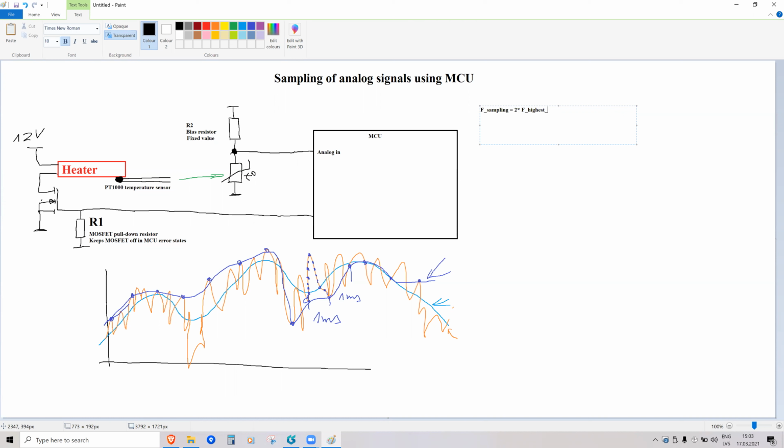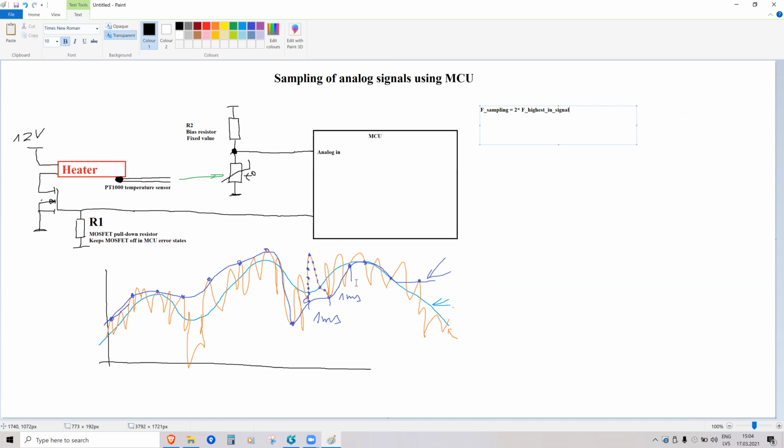One more time, this is the sampling theory, and it's part of the signal theory. So if you sample at twice the highest frequency in your signal, then you're safe. You will get 100% of the input signal.